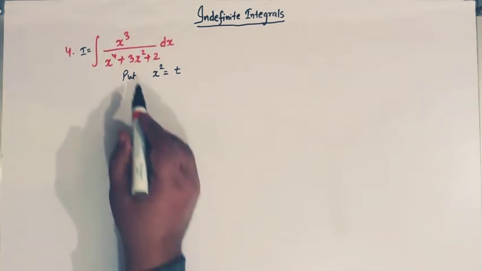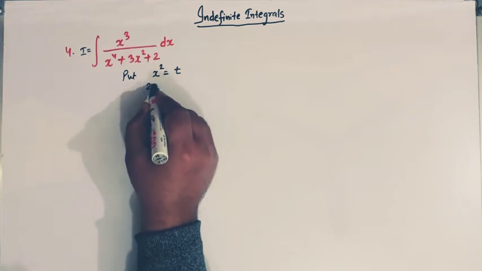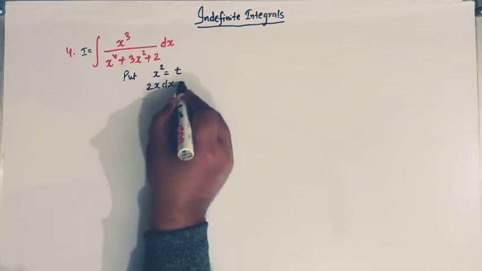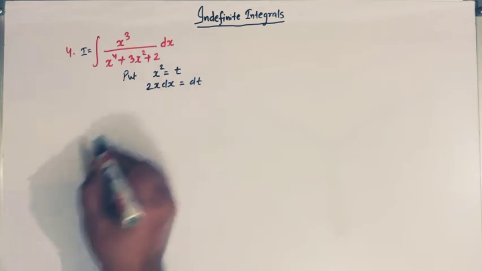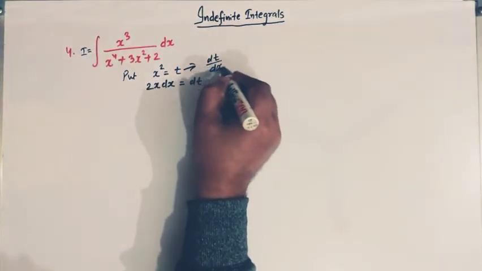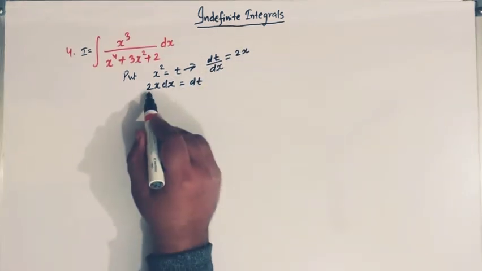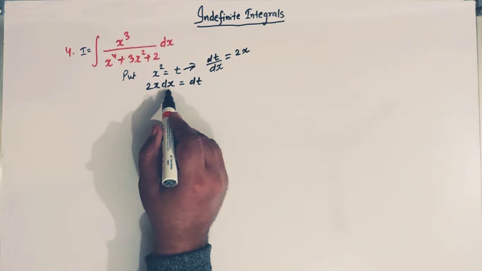So if we put x square is equal to t, then we get 2x dx is equal to dt, right, because here we'll have dt over dx is equal to 2x, so dt is equal to 2x dx, right.